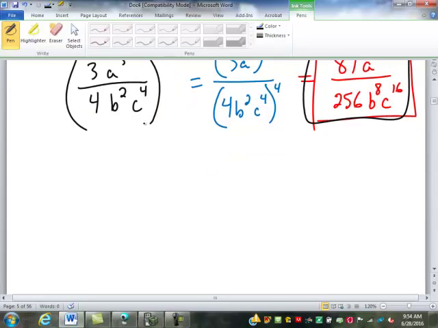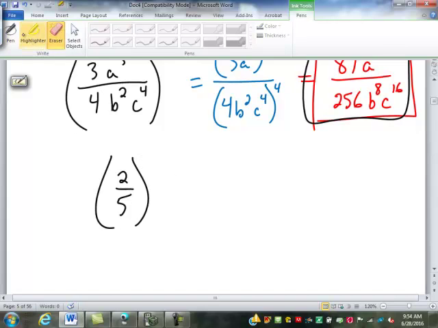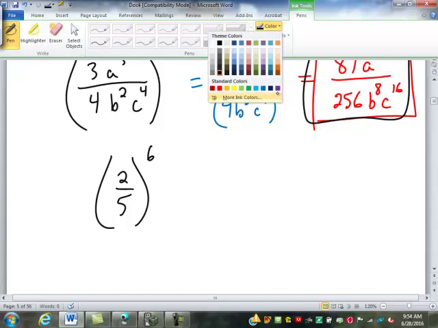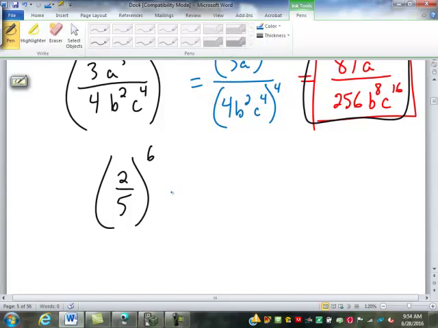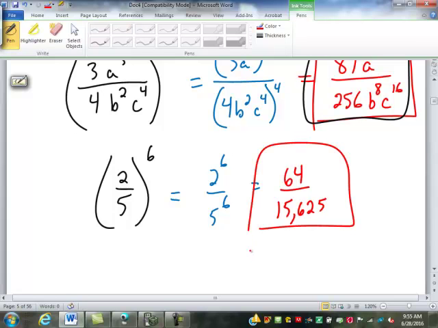Now, just as a little bit of a review, how would you handle something like this? Well, it's the same thing. It's just 2 to the 6th over 5 to the 6th. 2 to the 6th is 64. 5 to the power of 6, 15,625.